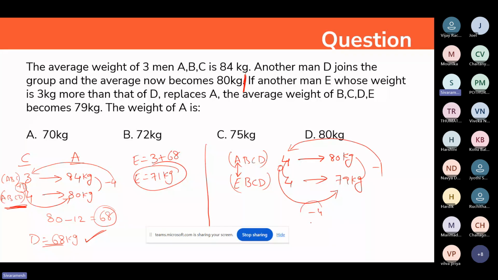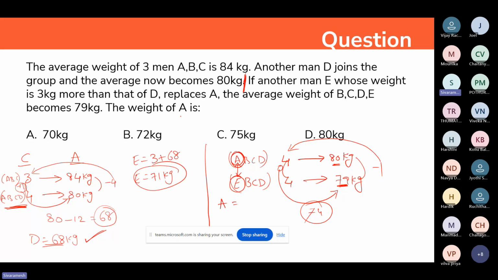Just leave aside whether it is -4 or +4, you just have to understand. When A is in the picture, average is 80. When E is in the picture, average is 79. So when A was in the list, average is more. That's the reason A weight is more than E weight.